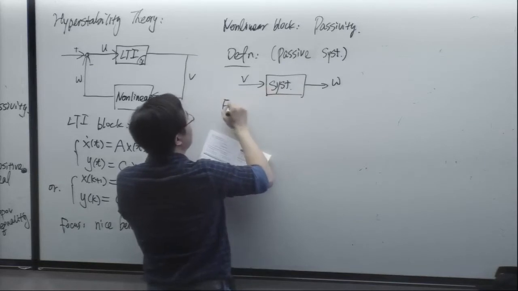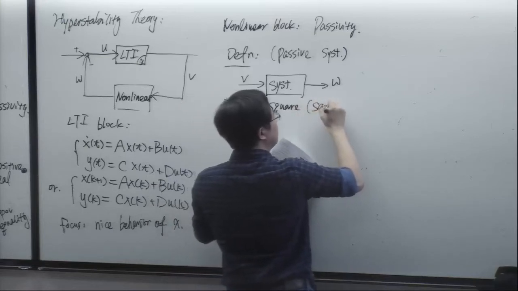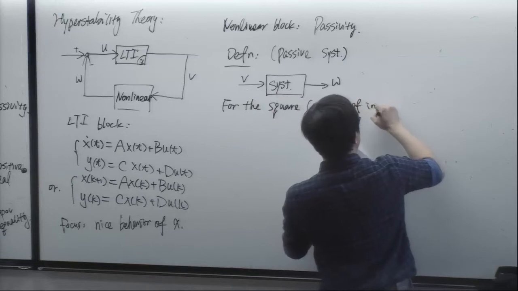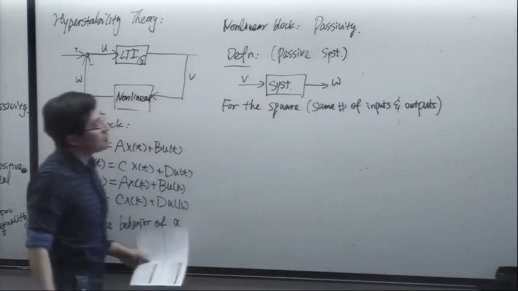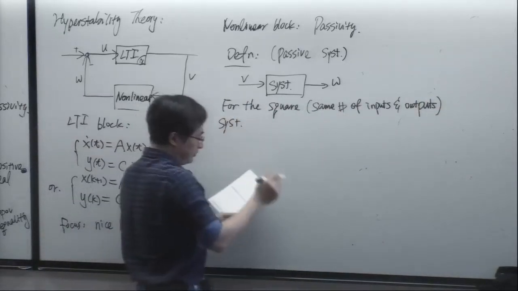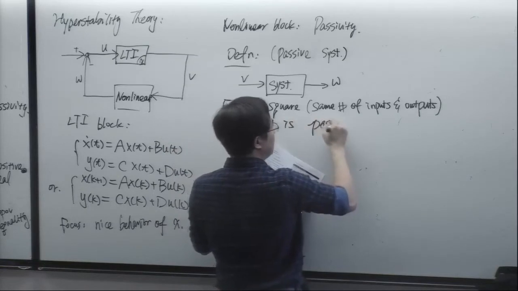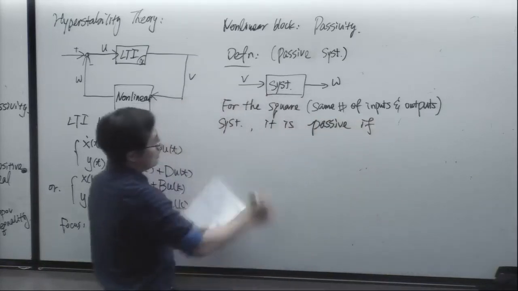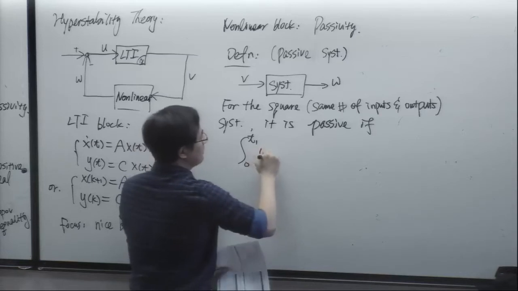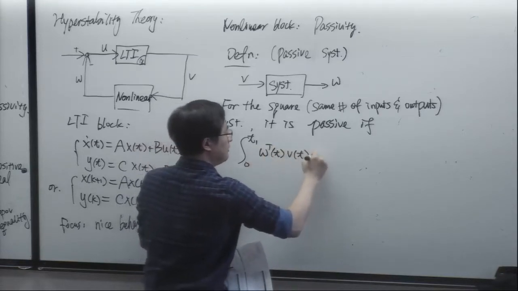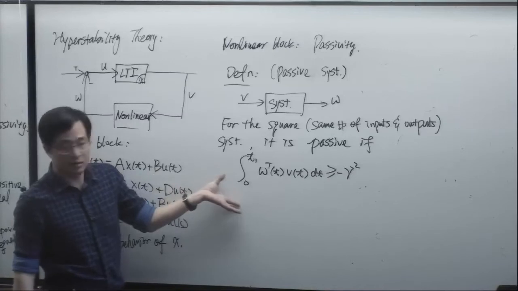So for the square system, with the same number of inputs and outputs, it is called passive if this inequality holds for the continuous time case.